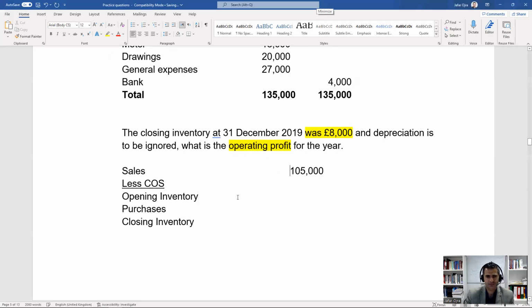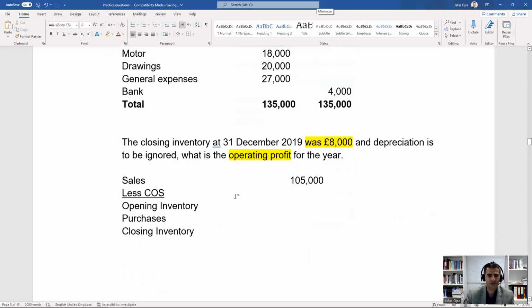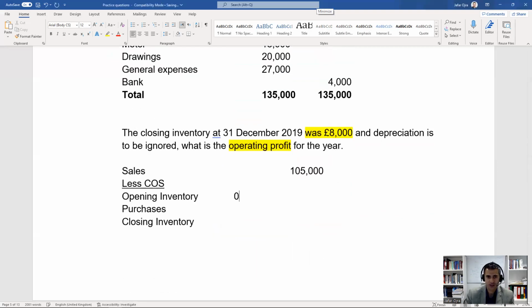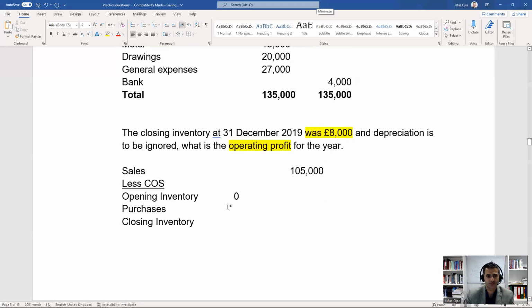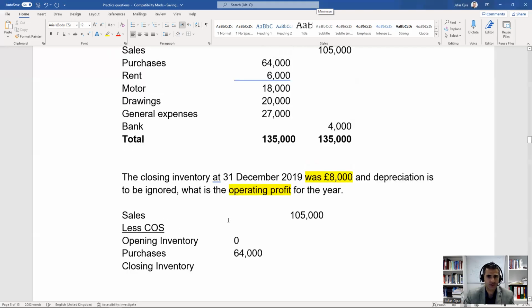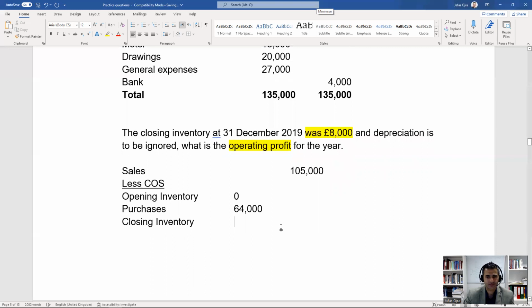So opening inventory is 0. There is no opening inventory. Purchases in the question are £64,000. Can you see it in the question? And the closing inventory is £8,000. Here we go.